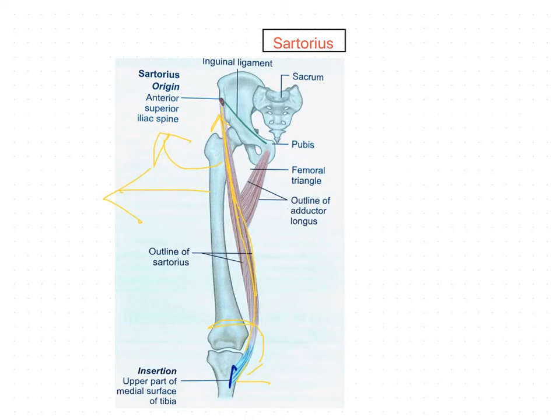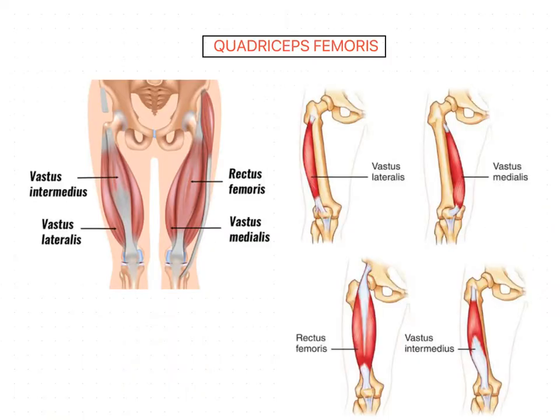Now we will move on to the quadriceps femoris. The quadriceps femoris consists of four groups of muscles. One is rectus femoris, another is vastus medialis. Here you can find vastus lateralis and vastus medialis.